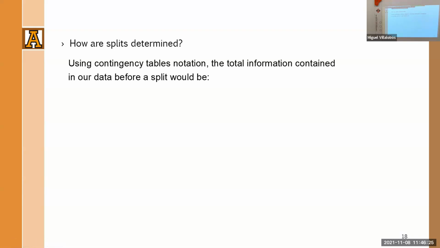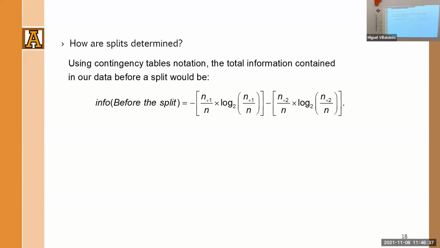Using the notation that we used earlier for the contingency table, with the total of observations, and Y1 and Y2, and so on, we compute, instead of Gini's before the split, the information before the split.